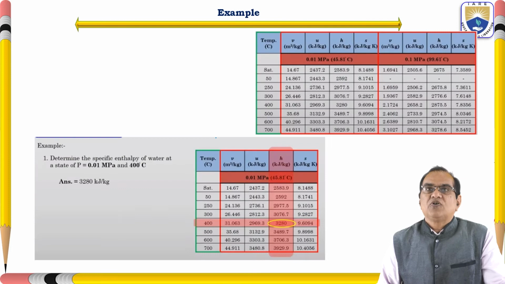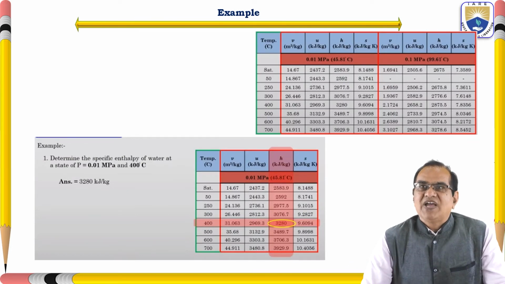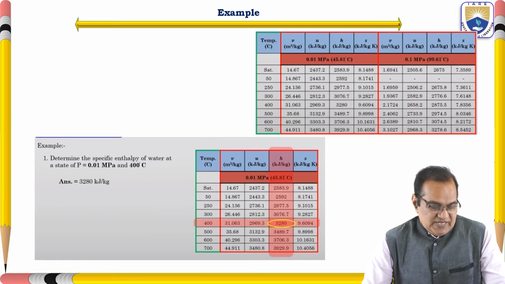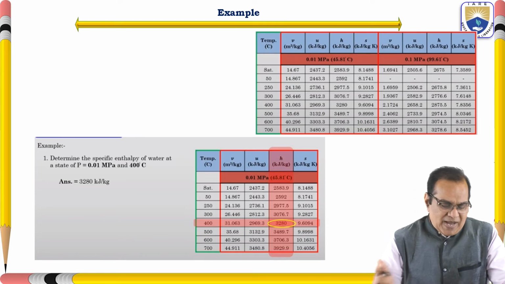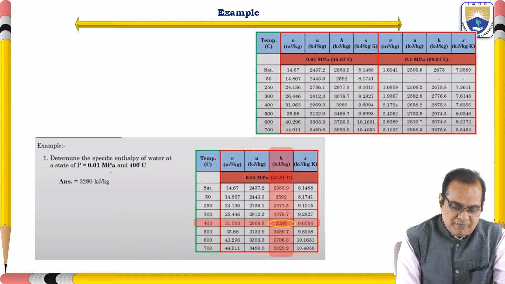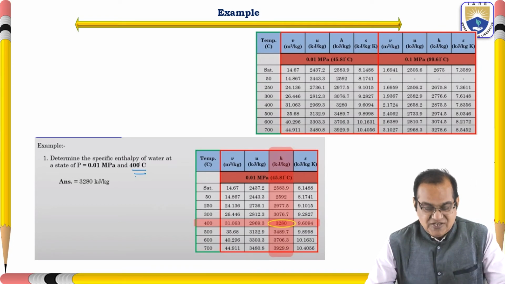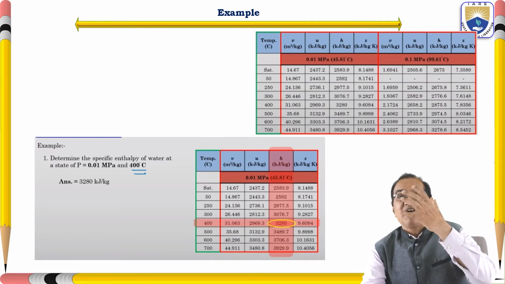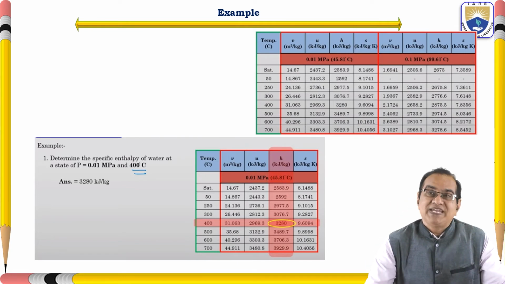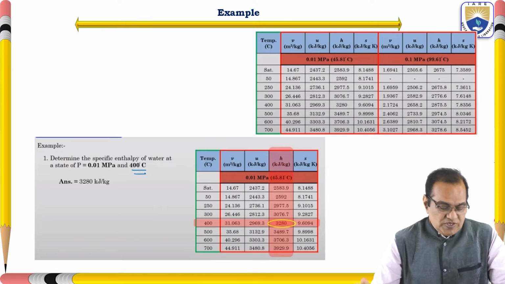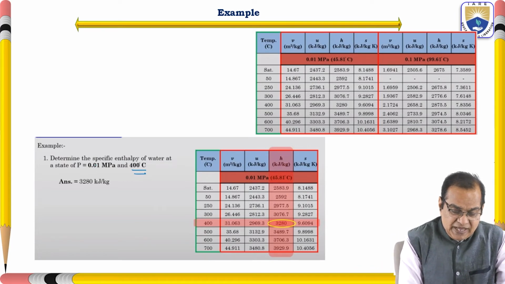Okay, next we have to determine the specific enthalpy of water at a state of pressure 0.01 megapascal at 400 degrees centigrade. In this it is a superheated condition, so two parameters are required.